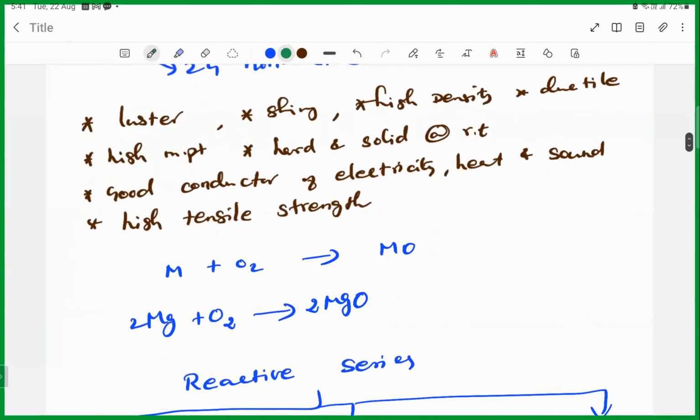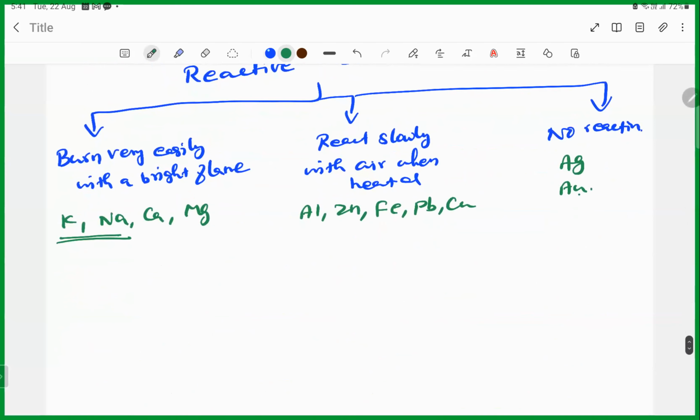We are talking about the chemical properties. Usually metal oxides are basic, but there are certain metal oxides that show both acidic and basic character. They are called amphoteric oxides, for example aluminum oxide.